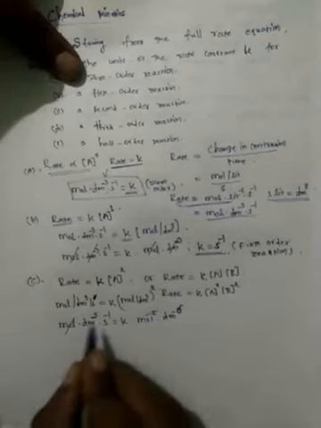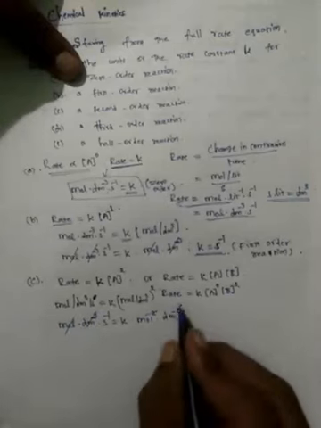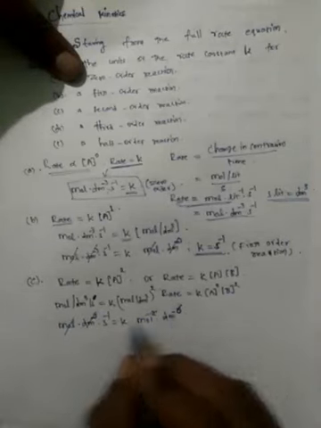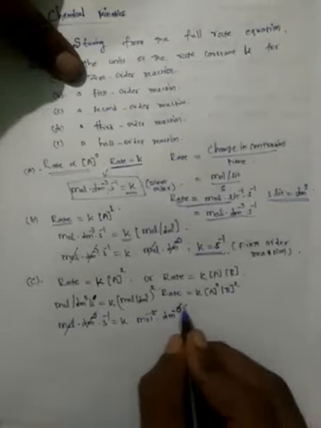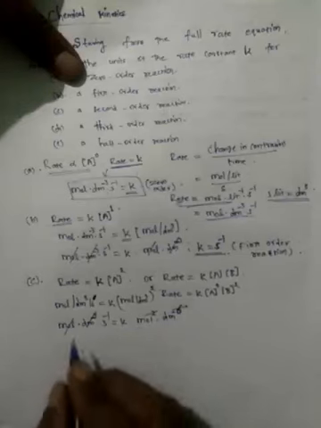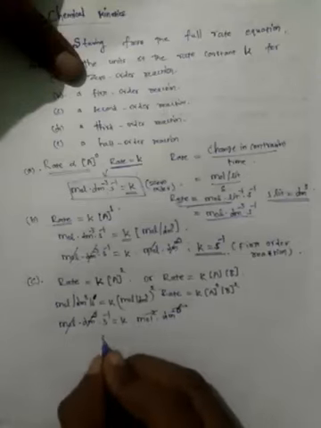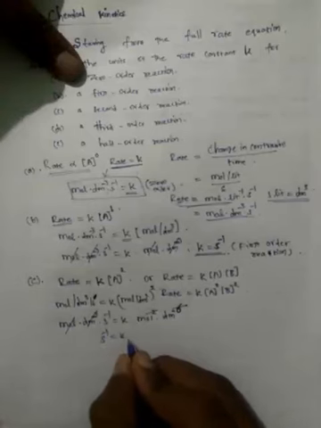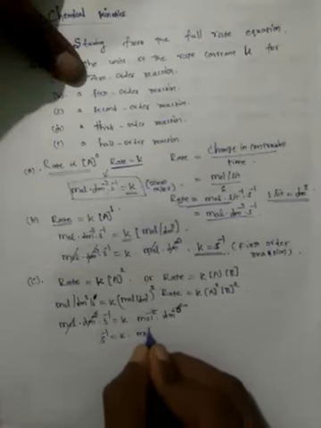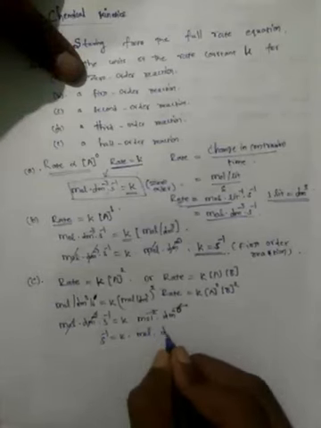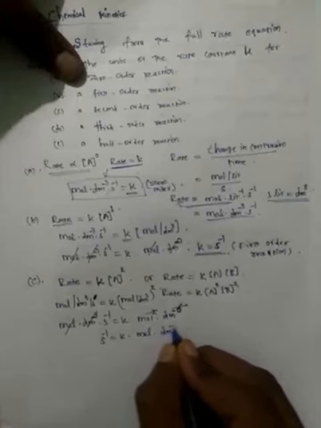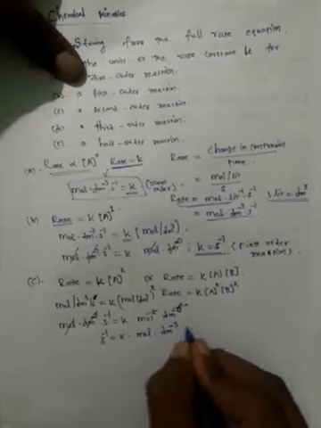Here I have mole square and decimeter six, here decimeter cube, here 2 times. So this side second inverse, and this side mole will remain, and decimeter cube.